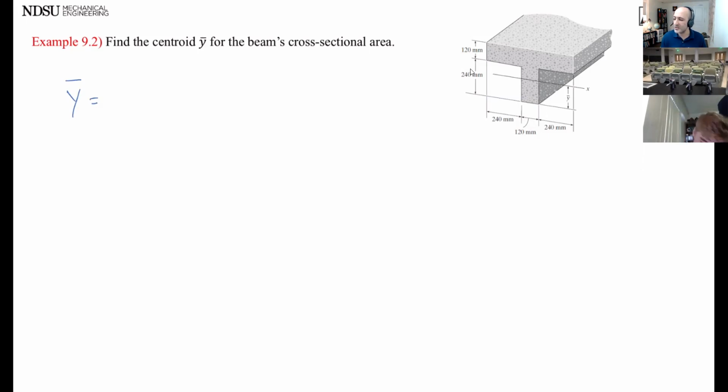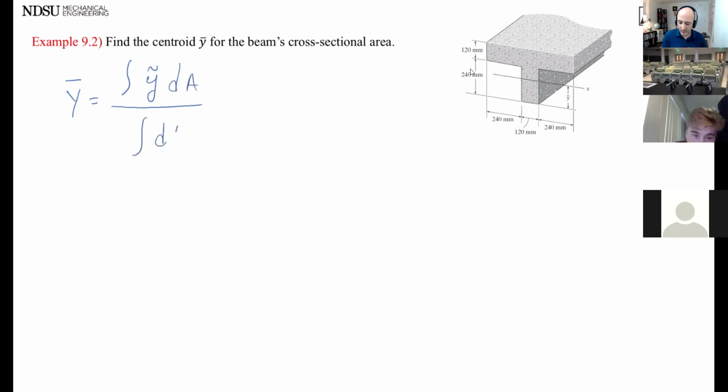It's not y, it's y tilde. This is called tilde. It's different than y.